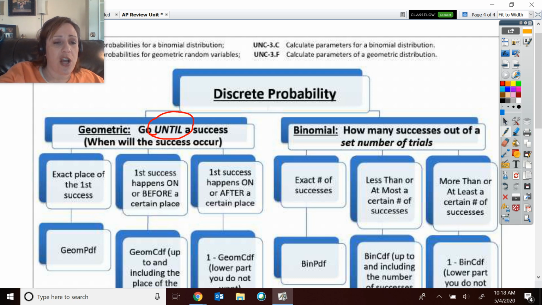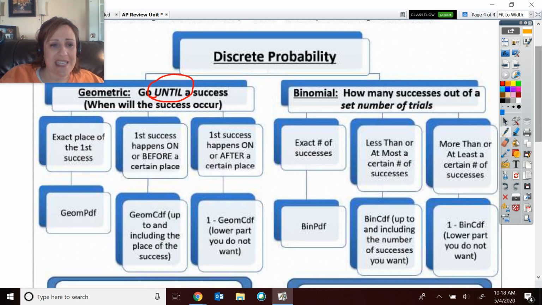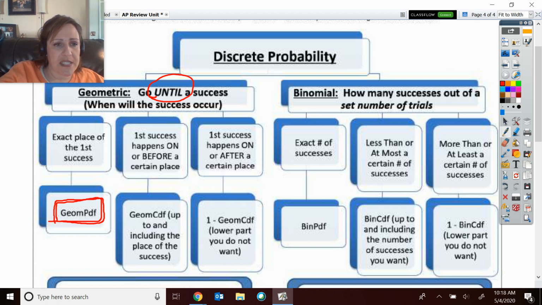All right. Now, you could also compute that as geometric PDF. And so you would go to geometric PDF. These are under the place where norm CDF is. So you go in your calculator to that menu. So geometric, what's the exact place of the first success? If I said 56% of cars are Japanese, and then we don't want one until the 5th spot.